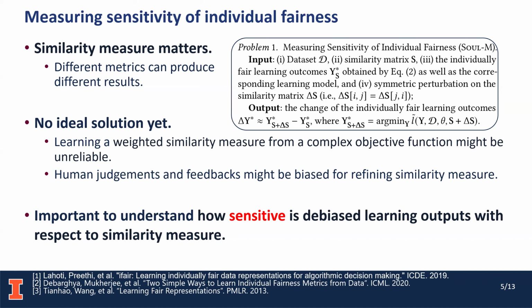We only consider the case where the similarity is symmetric, so the perturbation is symmetric as well, because in this case the similarity between I and J is the same as the similarity between J and I, which is a common scenario.